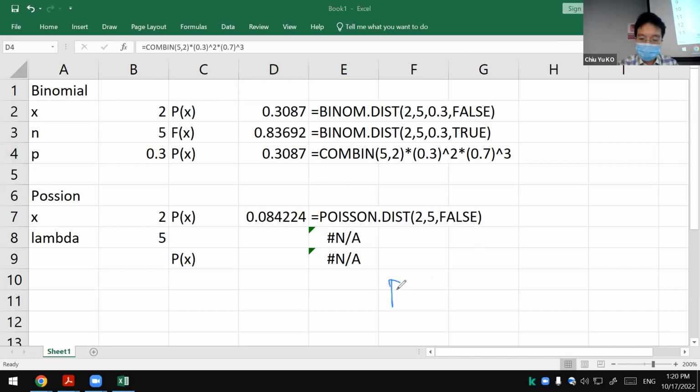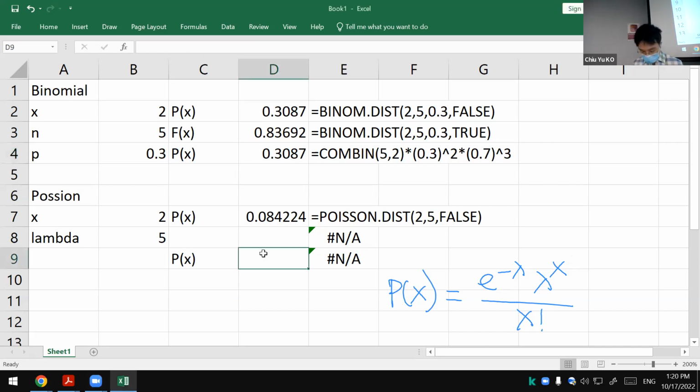So the P of X when you do Poisson is this: e to the negative lambda, lambda to the X, over X factorial. This is the formula. So we reproduce this here. E in Excel is EXP, and we have negative lambda, so it's negative 5.